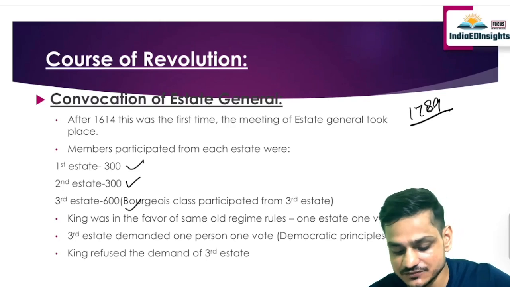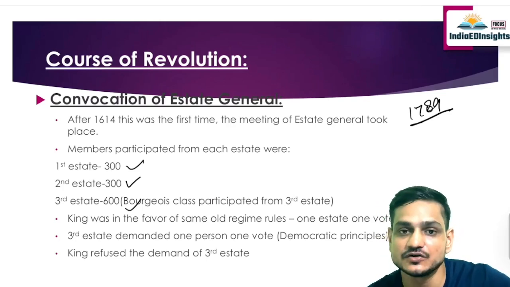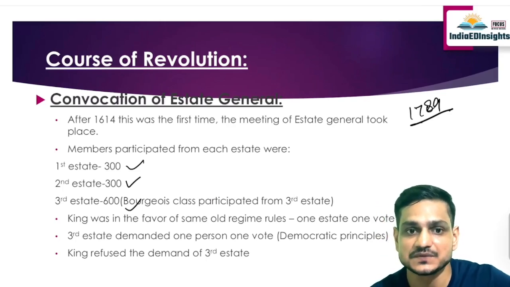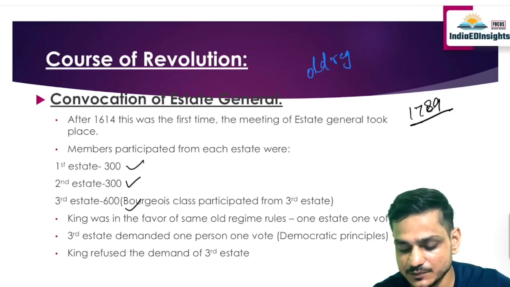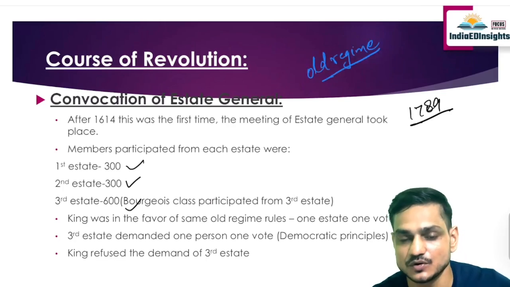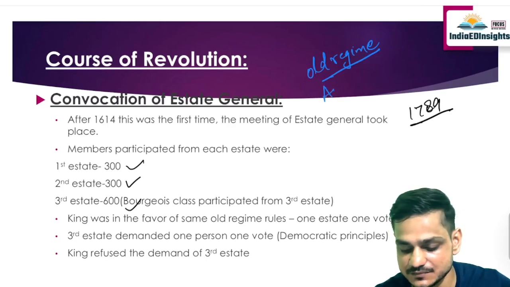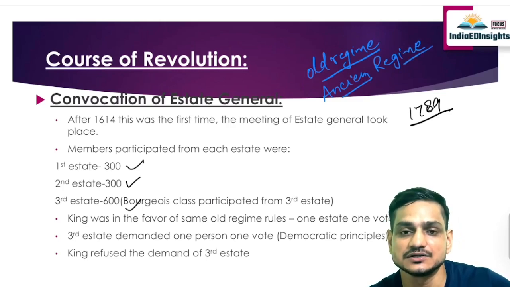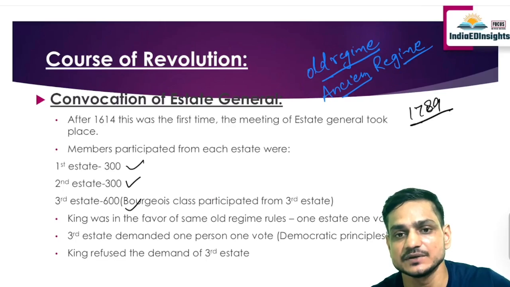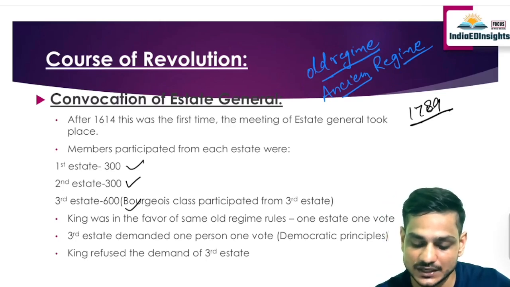So after 1614, this was the first time a meeting of the States General took place. Clear? The king was in favor of the old regime system. Whenever I use the term old regime or ancient regime, it means I am talking about the Roman Empire.